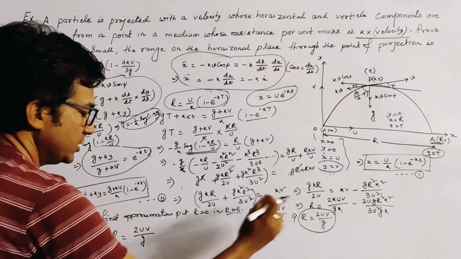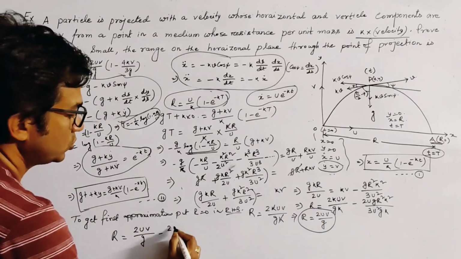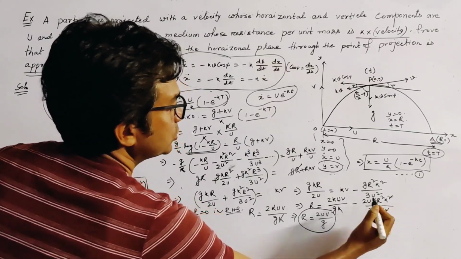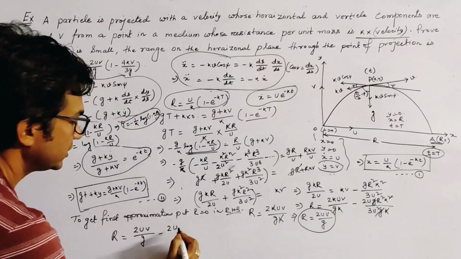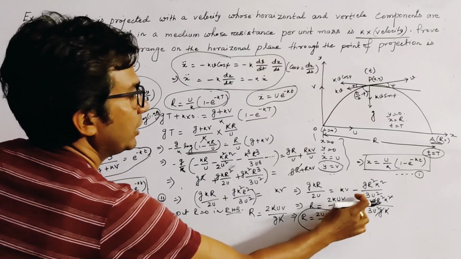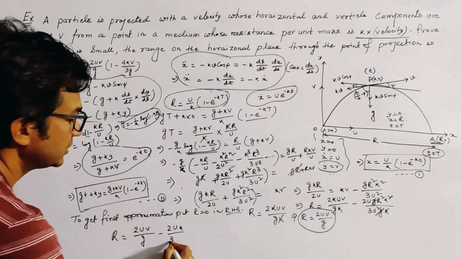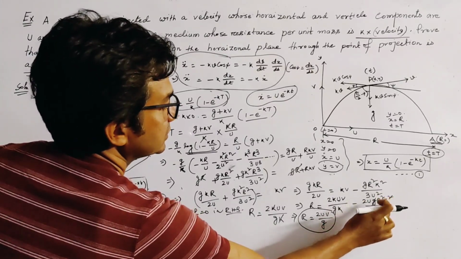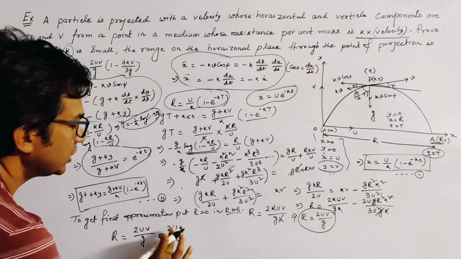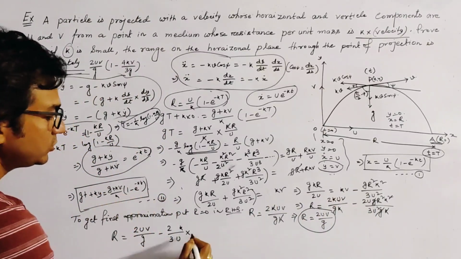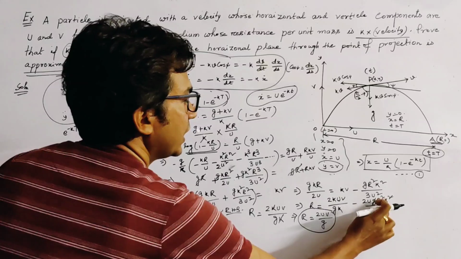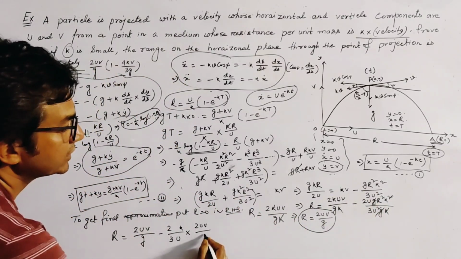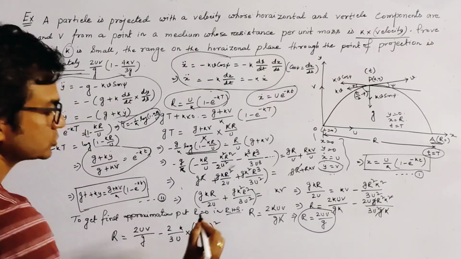This is the first term, minus 2u, g cancels out, k cancels out, 2uk by 3u square, that is 3u, u also cancels out, into the value of r square as 2uv by g whole square.